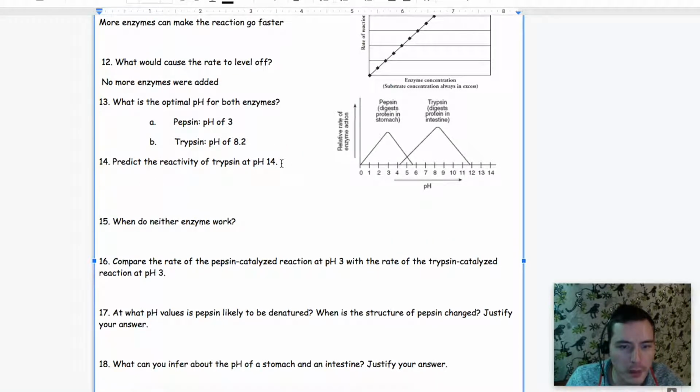Number 14, predict the reactivity of trypsin at a pH of 14. So if we just said the optimal pH for trypsin is 8.2, if I look at 14, I know that trypsin will become denatured and not work.